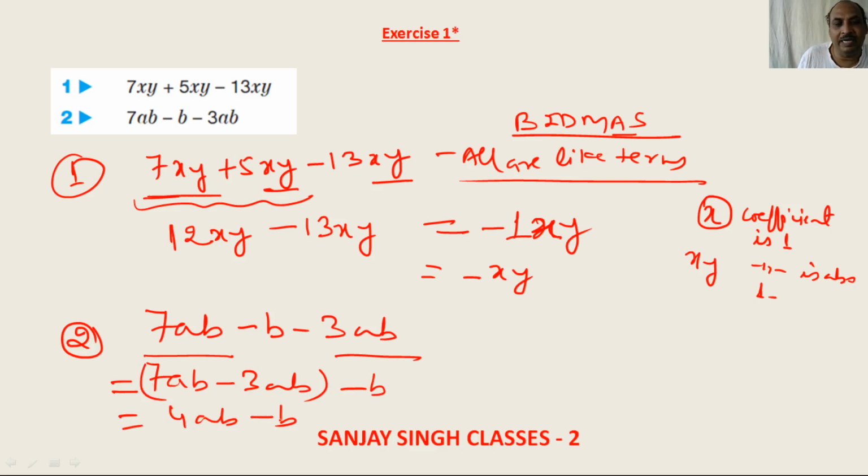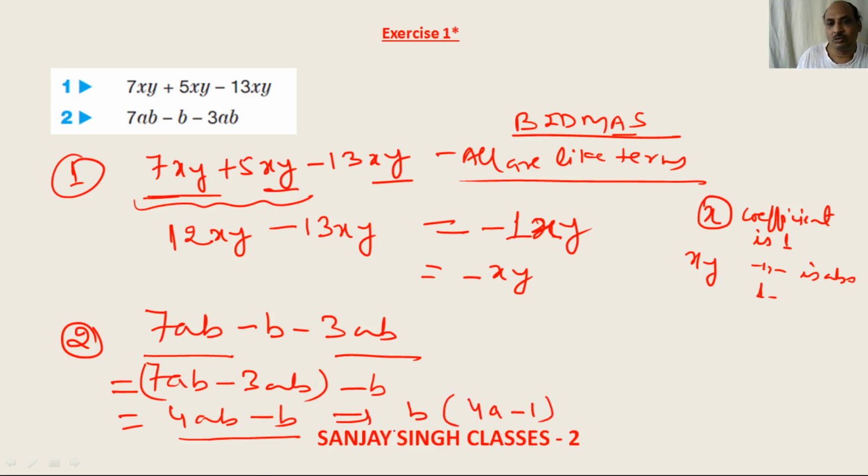Here 4ab and b both are not like terms. Both are unlike terms. So further solution is not possible. Only maximum if we want, we can take b common and we can write 4a minus 1.